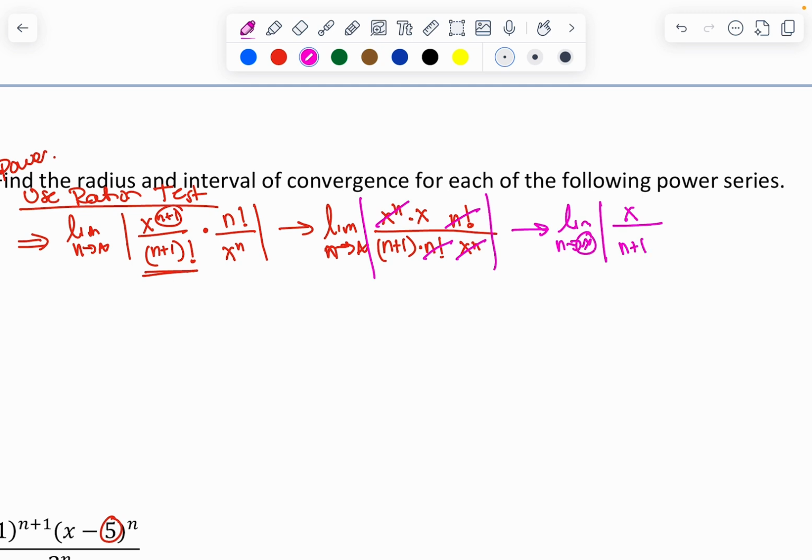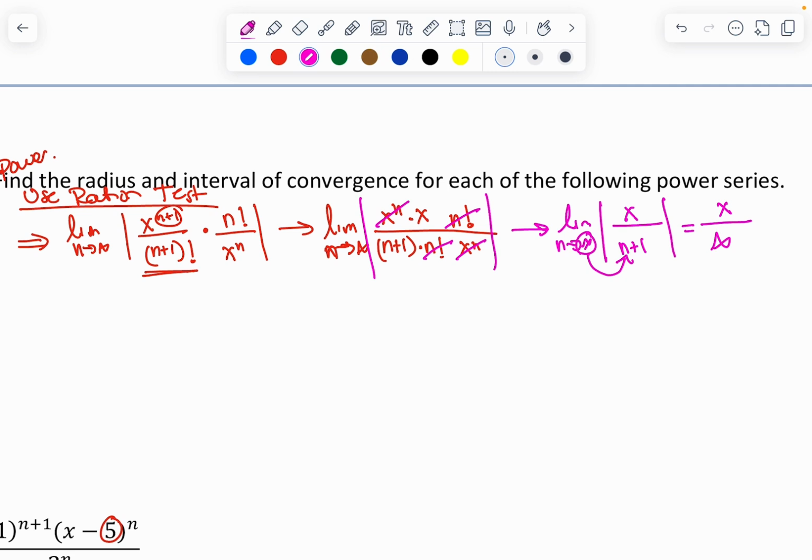Now when we plug in infinity into this, remember you're plugging in n to infinity, so your x is staying x. N plus 1 going to infinity is basically x over infinity.